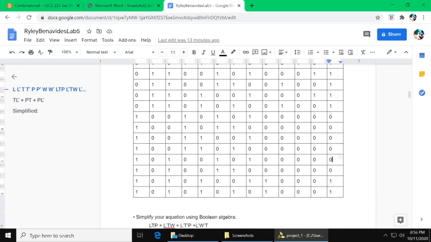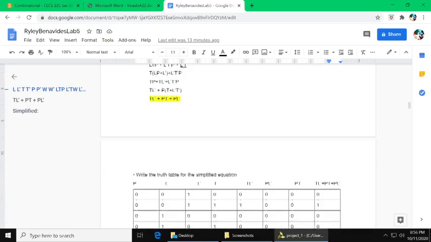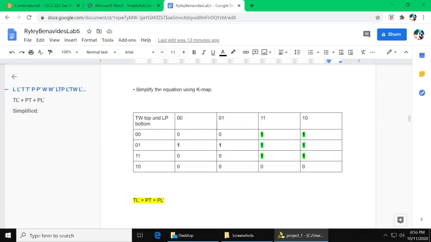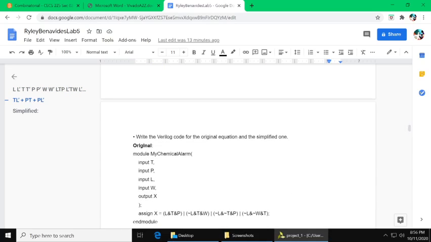So the simplified expression does not include W. That is it.